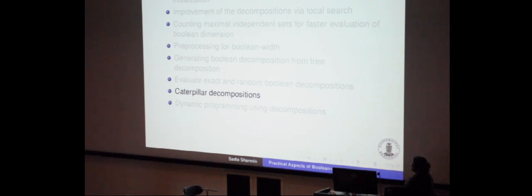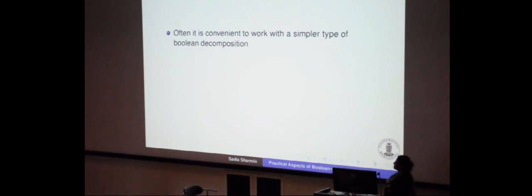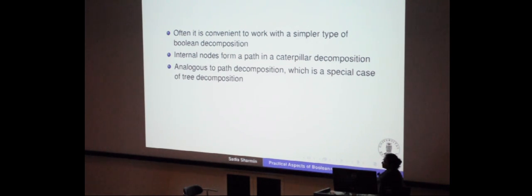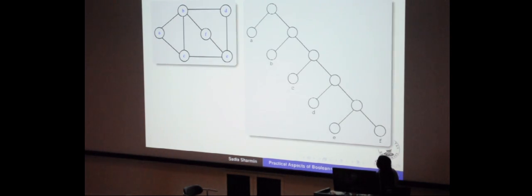And then we tried a different kind of decomposition that we name capital decomposition. Because sometimes it's easier to work with simple decomposition, where internal nodes of the decomposition is a part, not a string, and as it's part decomposition and also tree decomposition. So given a graph, the decomposition will look like this.